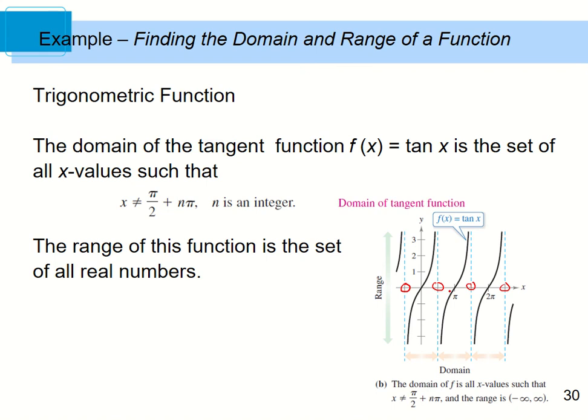You can see here, this is pi, and this is half of it, so it is actually pi over 2. From here all the way to here is half a pi.